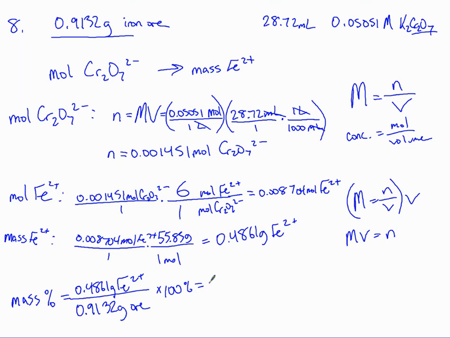Make it a percentage, and we find 53.23% is iron. When you do number 2 and you submit it, don't put the chemical on there. Just write your number with the percentage.